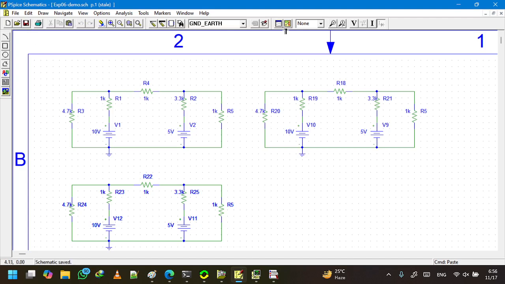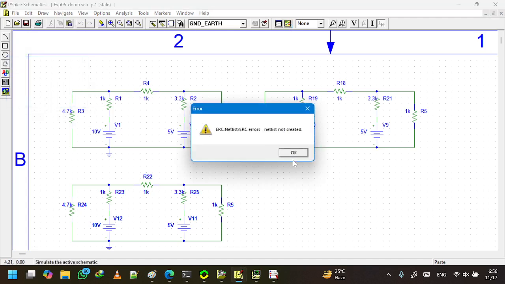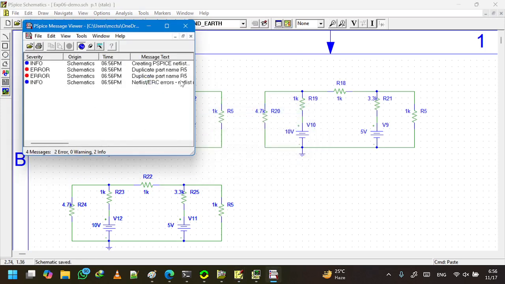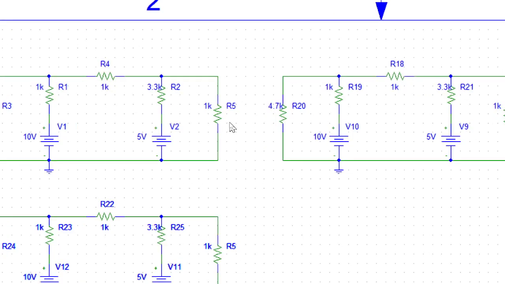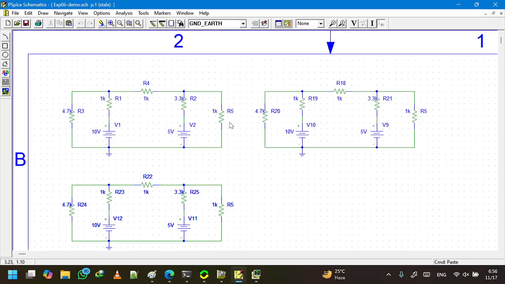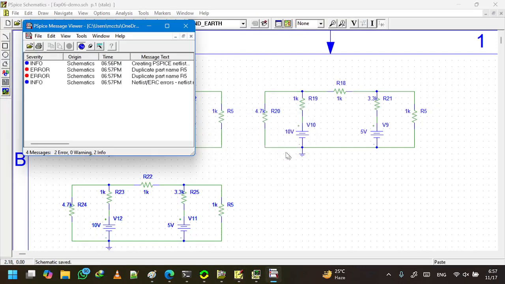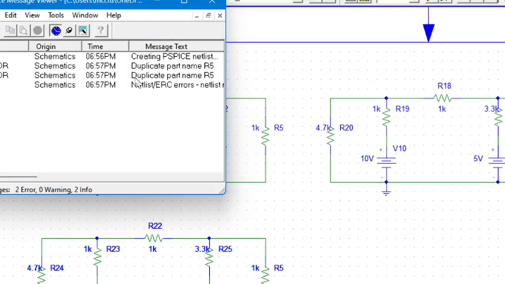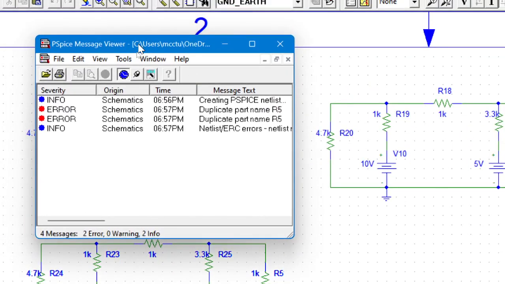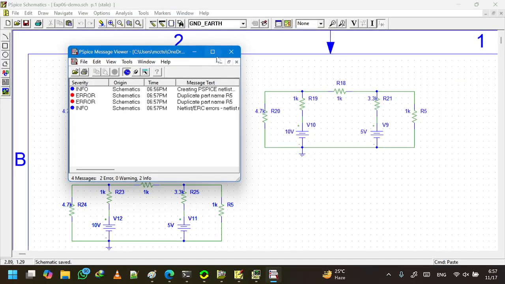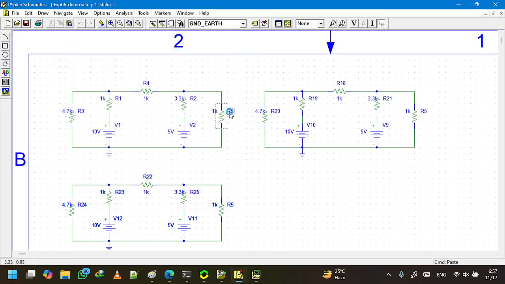Now let us save and simulate to see if everything is okay or not. We see that nothing is okay, something is wrong. From the error, the name of this resistor remains the same in all three circuits, so the netlist is not created, and the error says duplicate part name R5. That means we have different parts that are named the same.